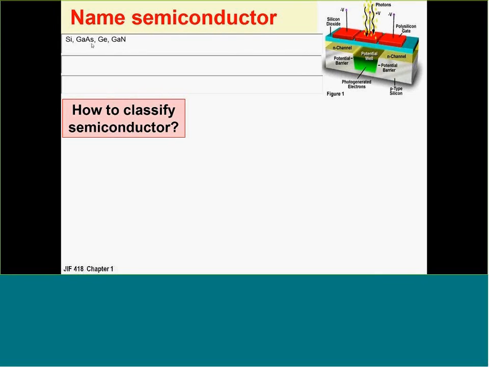So from here, we can have some idea. By looking at this, what comes to your mind? Isn't it? Because this is elemental and this is compound. So we can classify our semiconductors based on their atomic composition, whether it's elemental or a combination of several elements in the form of a compound.